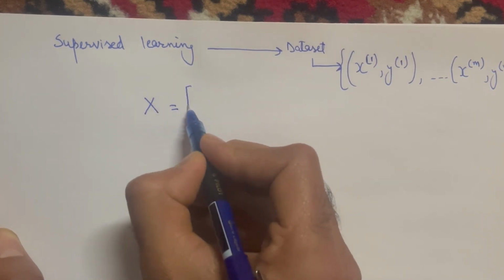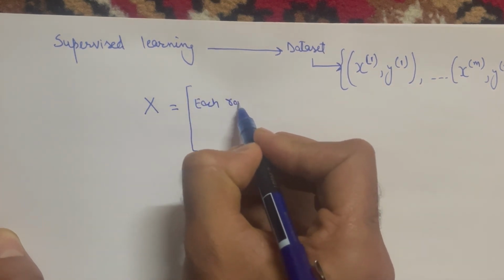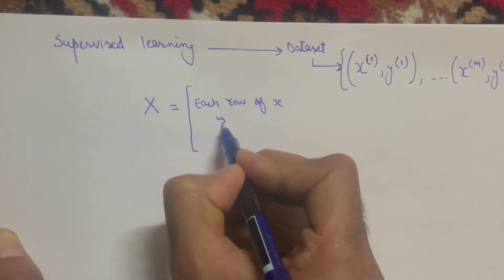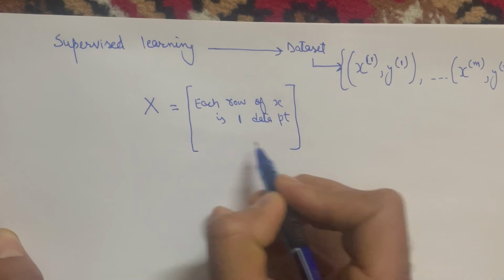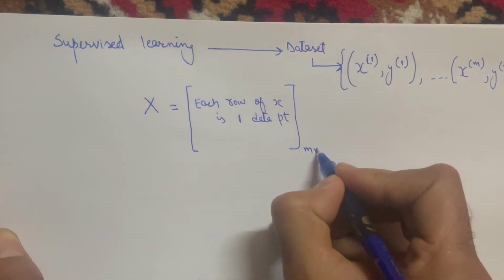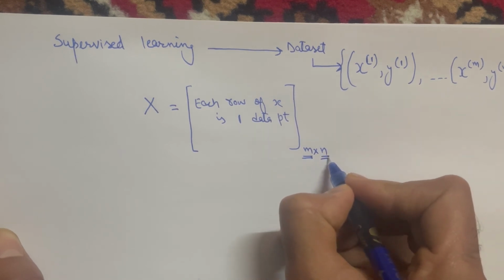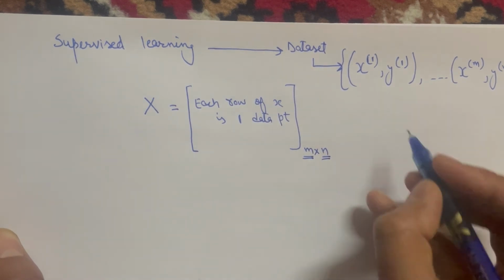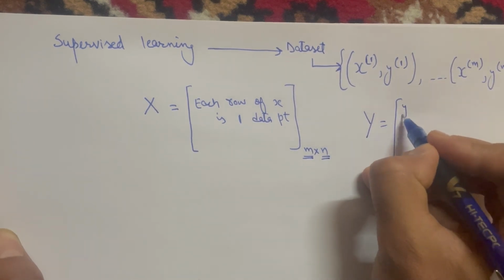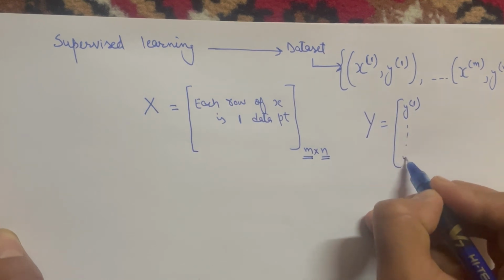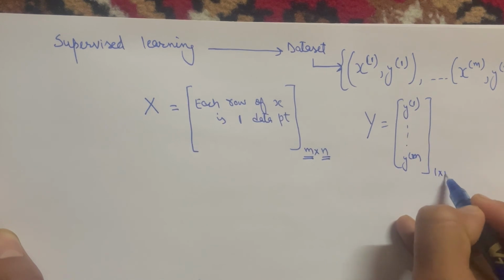X: each row of X is one data point, and the size of X is m cross n, where m is the number of examples, the number of data points, and n is the number of features in each data point. Another matrix is y. So y contains the output of these points. It is 1 cross m.